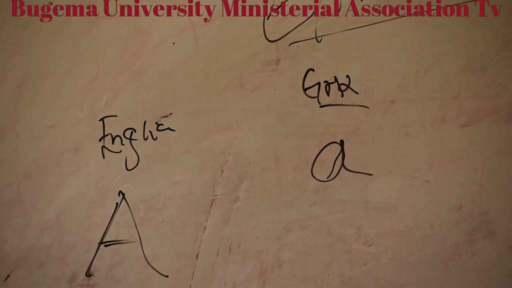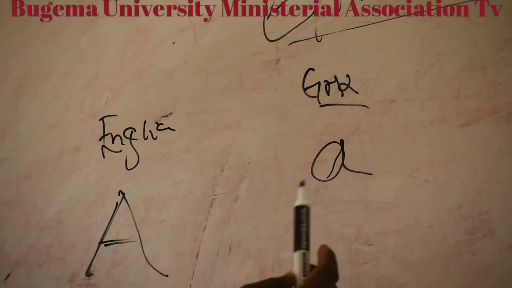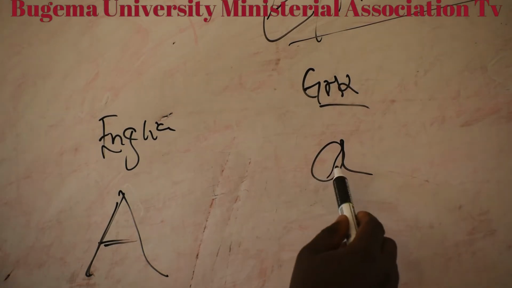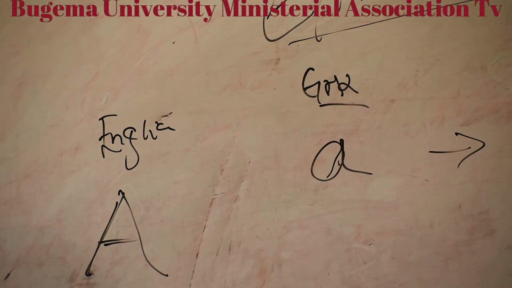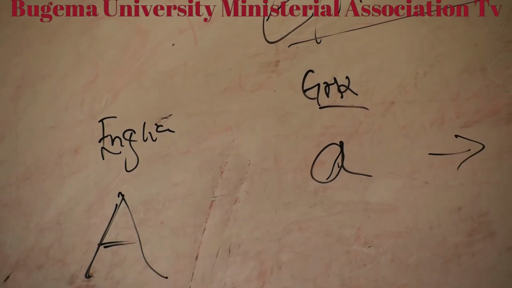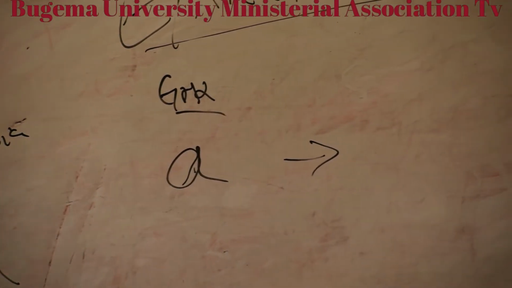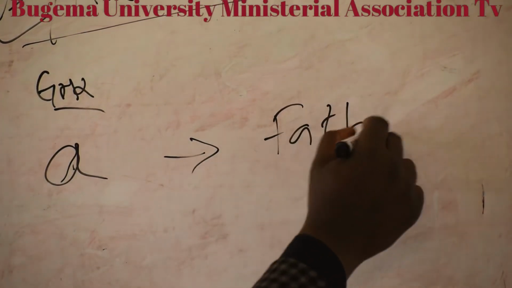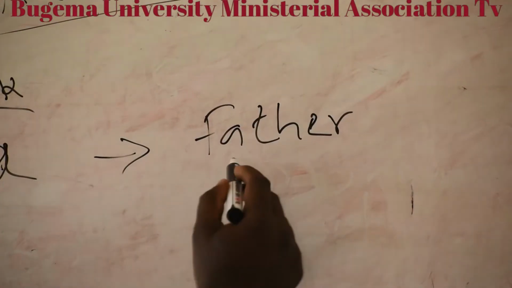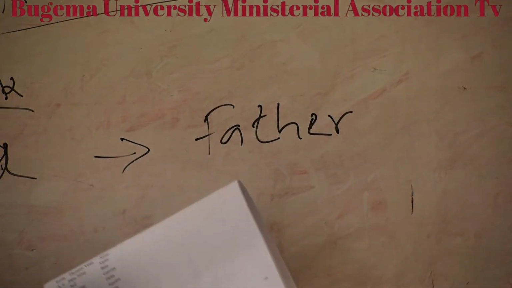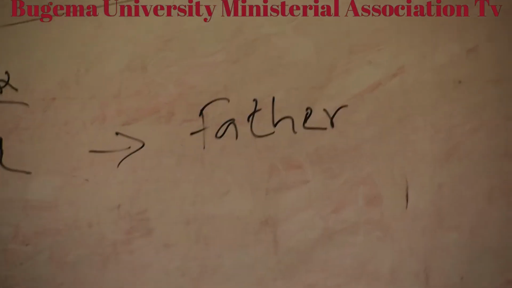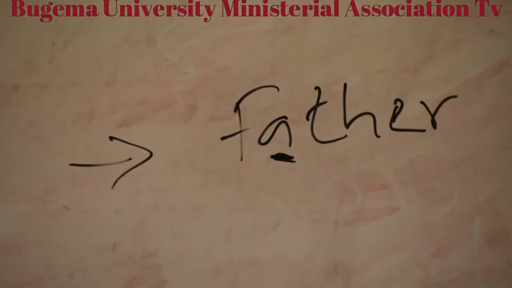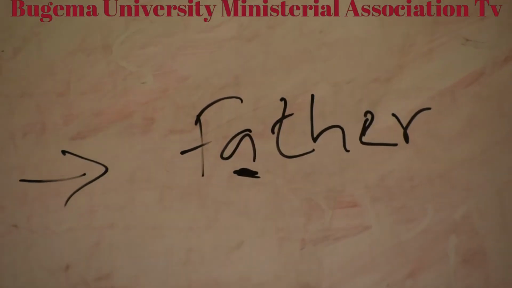So in Greek, the letter A, or the first alphabet in Greek, is written like this one, which is pronounced not A now, but the way you pronounce it in the word father. That pronunciation gives you what that Greek alphabet means.